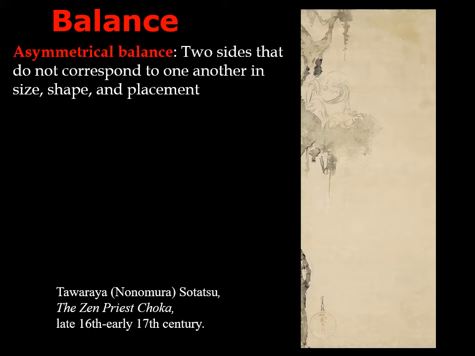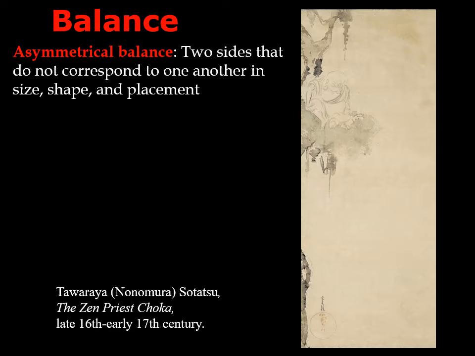And then asymmetrical balance. So the Zen priest Choka, he's kind of up there, and there's a lot of white, a lot of nothingness. All the visual weight is pretty much in the top left corner, and so it's asymmetrical.